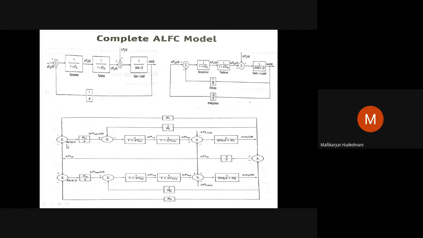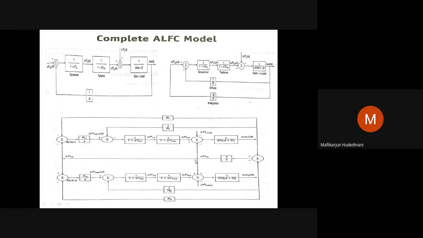It is called area control error, which transforms the power and frequency error into an accountable quantity called area control error number 1.